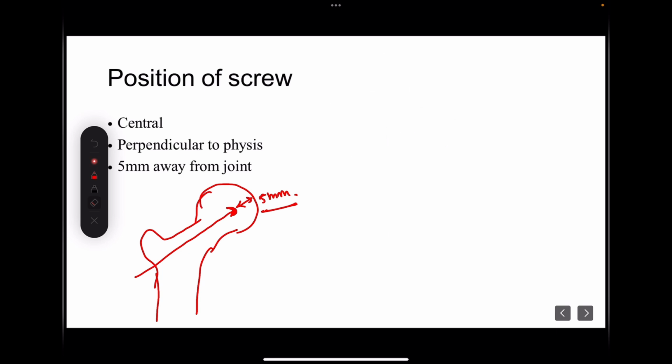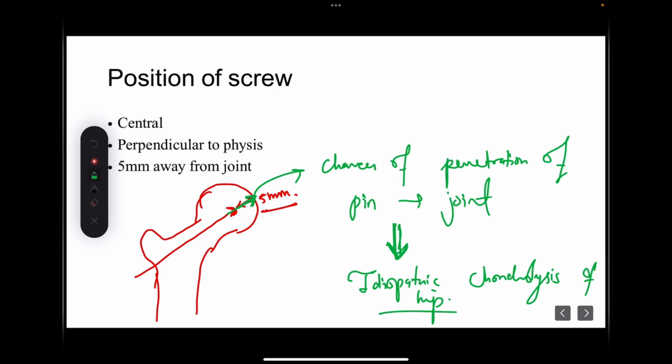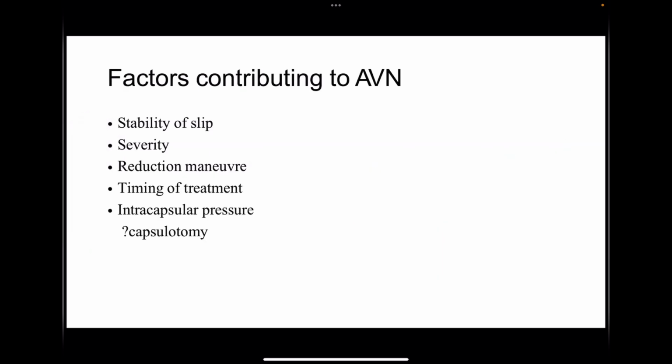Because if you go too close to the articular cartilage, supposedly over this region, the chances of penetration of the pin into the joint are high, and that can cause one condition that is known as idiopathic chondrolysis of hip. This is also a painful condition of the hip, which ultimately leads to ankylosis or arthritis of the hip. We will be discussing this complication now.